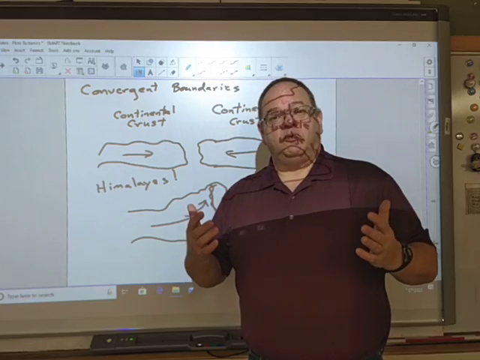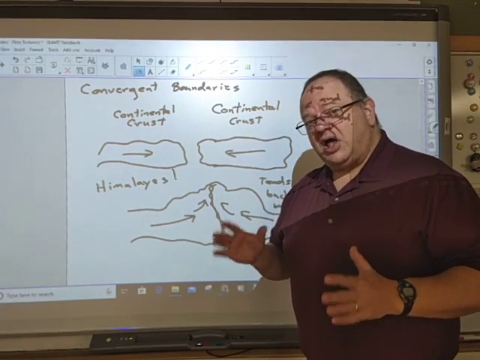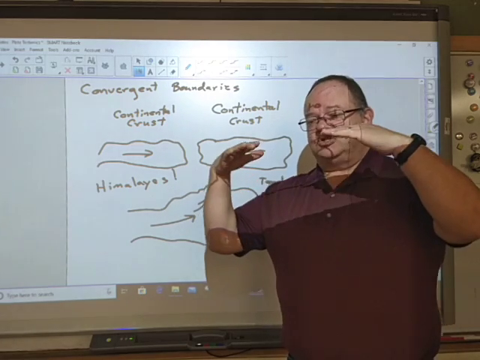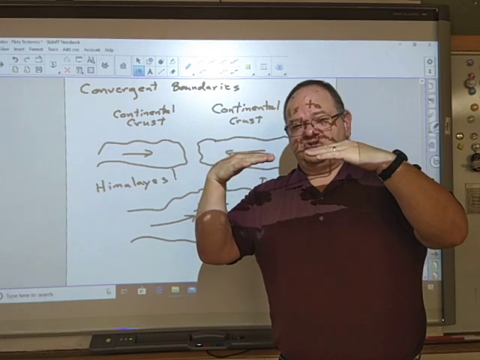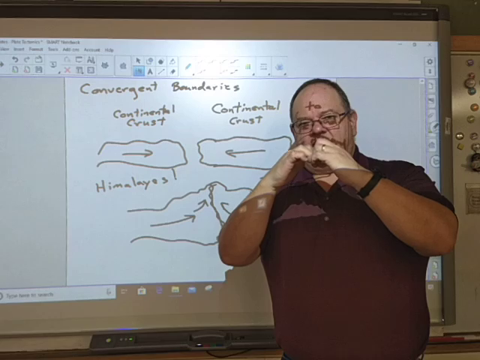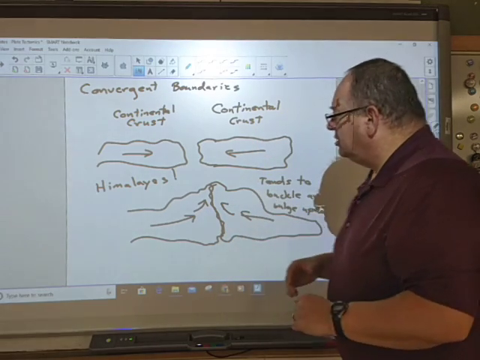That's going to create a mountain range. The biggest mountain range in the world, the highest mountains in the world, are in the Himalayas. And the Himalayas is where the Indian subcontinent is smashing into Asia, and it's buckling. And we get really tall, high mountains.